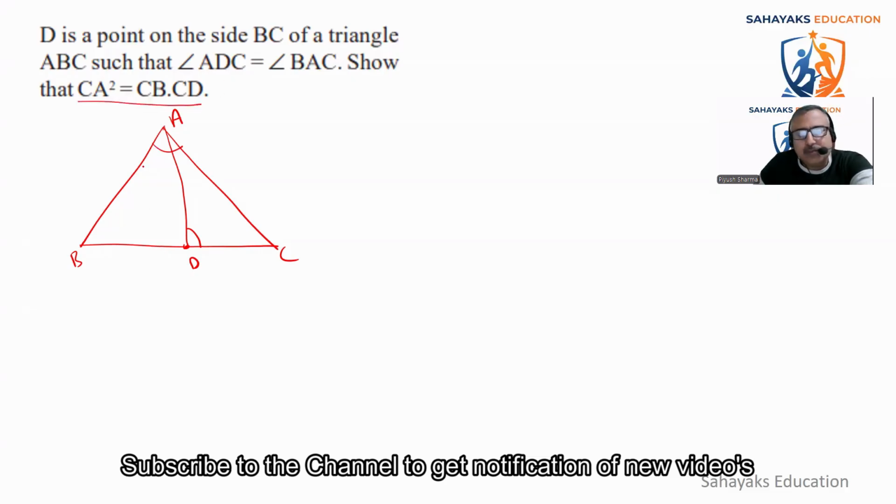So first of all, to remove confusion, I'm going to make these triangles separately. I'll make the bigger triangle first.